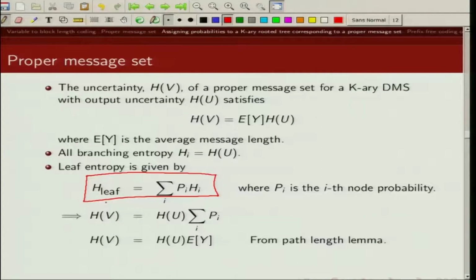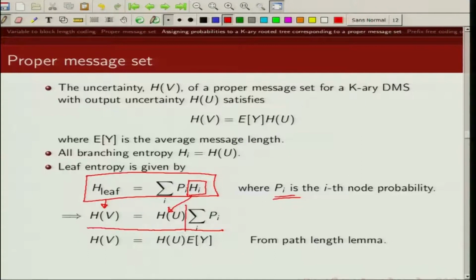Now we know that leaves correspond to V, so leaf entropy is H of V. We know the branching entropy Hi is independent of i, it's always equal to H of U, so I can take that out. So what I get is H of V is equal to H of U times the summation of these probabilities of the nodes, including the root node.